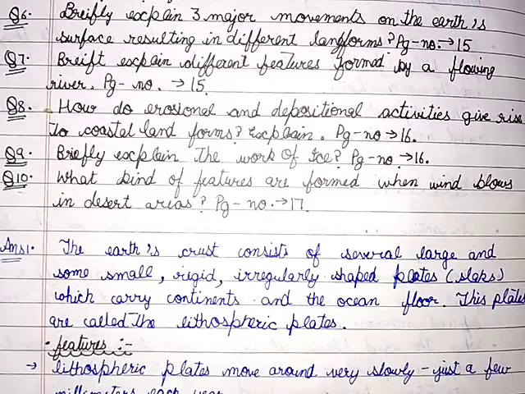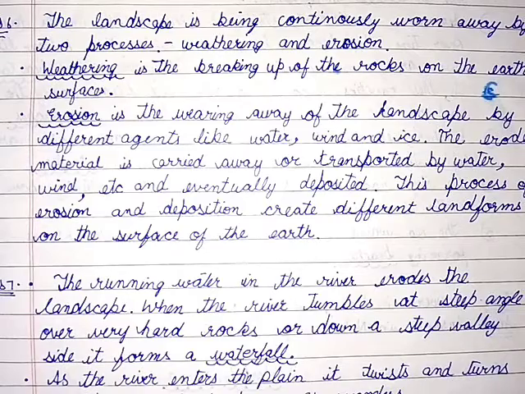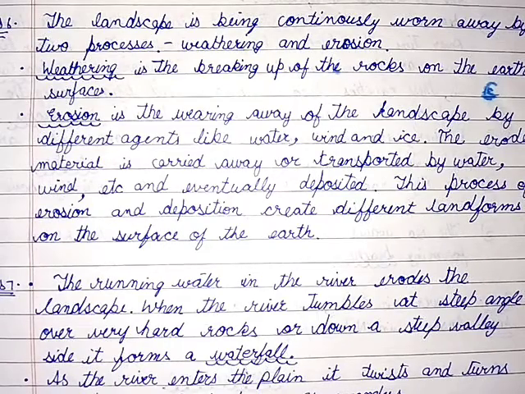Question number 6. Briefly explain 3 major movements on the Earth's surface resulting in different landforms. The landscape is being continuously worn away by two processes, weathering and erosion. Weathering is the breaking up of the rocks on the earth's surface.